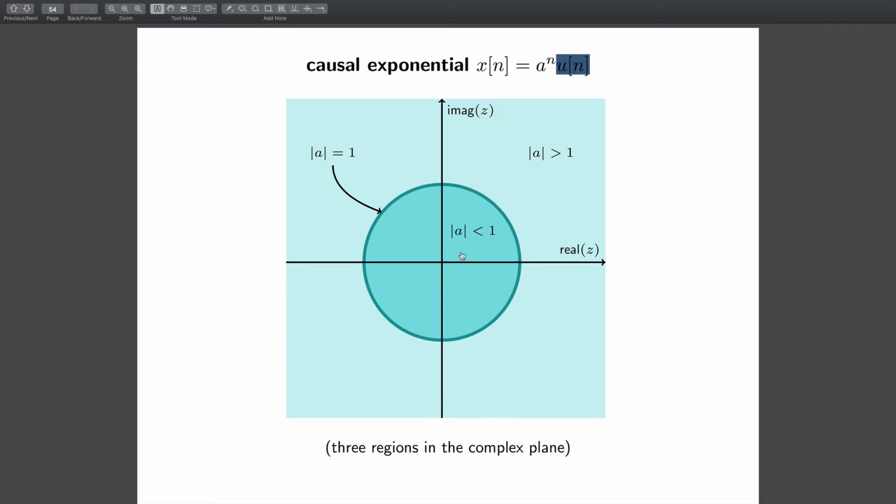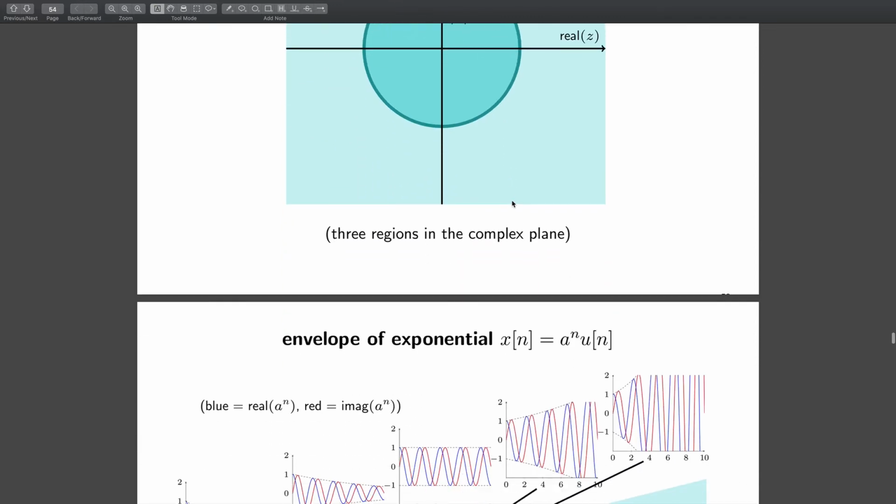If the magnitude of a is less than 1, then we'll have a decaying exponential. If the magnitude of a is equal to 1, then a appears somewhere on the unit circle, and we'll have a constant envelope exponential signal. If the magnitude of a is greater than 1, then we'll have an exploding signal as you move to the right.